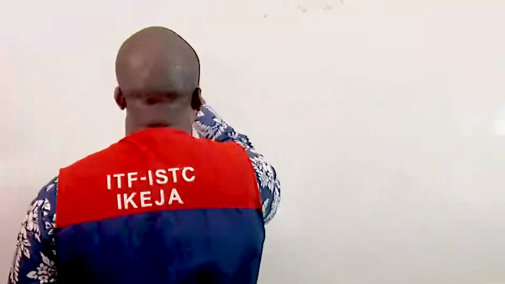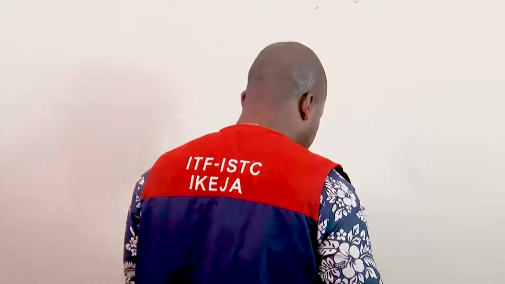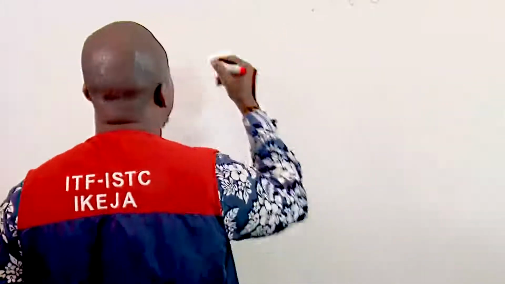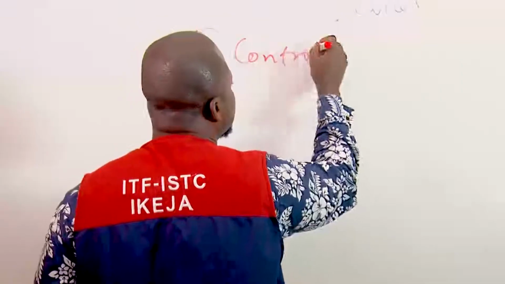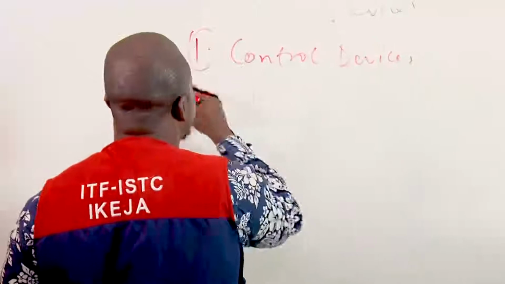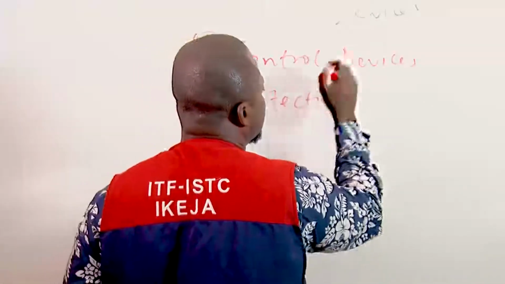In lesson 1 of this topic, we're going to be looking at types. What are the types and applications of control devices? First, we'll be looking at two: control devices, then secondly, protective devices.